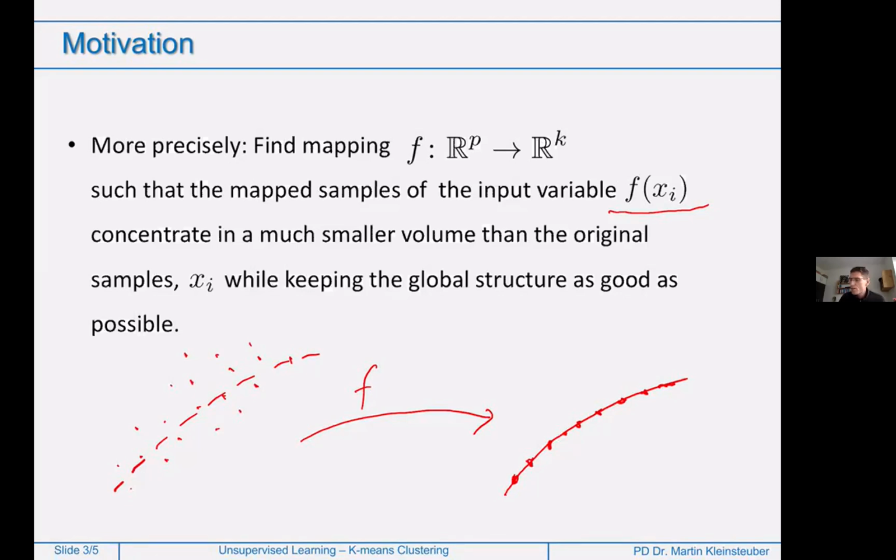Clustering is also one approach that goes in that direction. For example, you have high dimensional data here and there, and what I want to do is map all the data that I have onto only 3 other points.